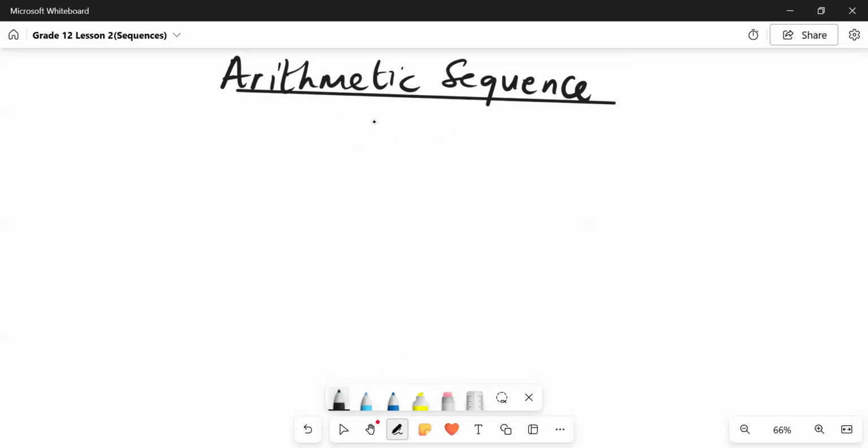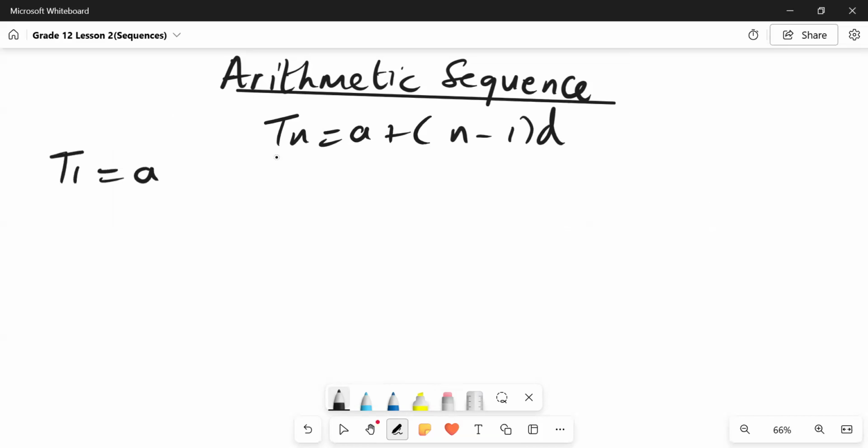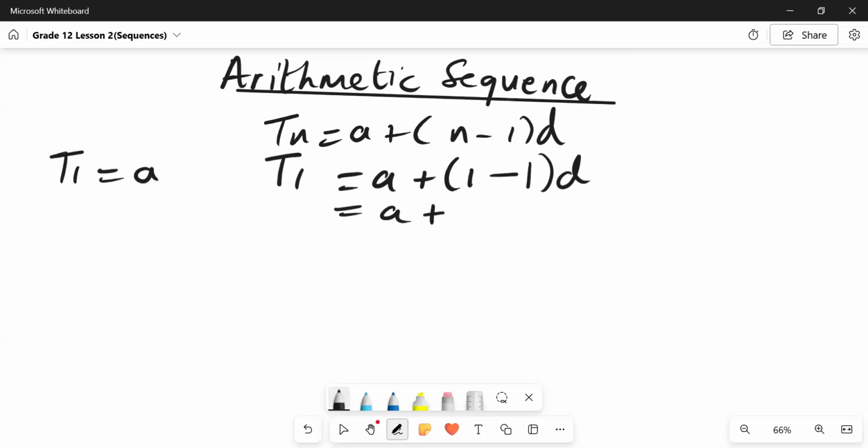So we have the formula Tn equals a plus n minus 1 times d, where T1 we said is equal to a. Why are we saying that? From the formula, substitute 1 in place of n. So you'll have 1 minus 1 times d. This is a plus 0d, which gives us a. So T1 equals a.